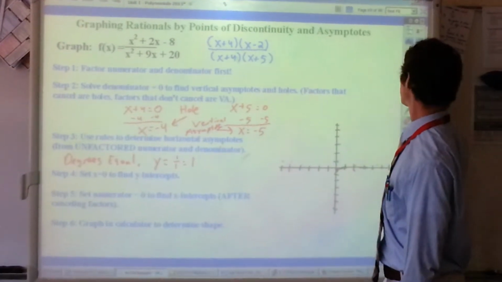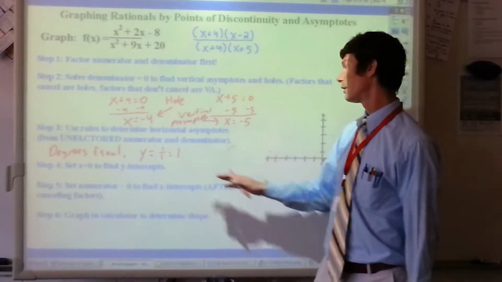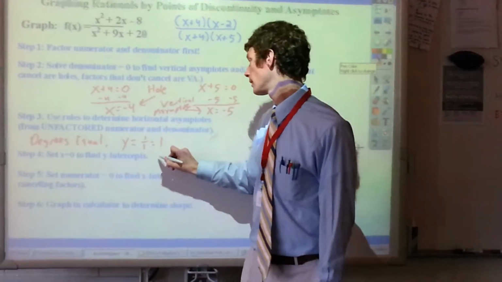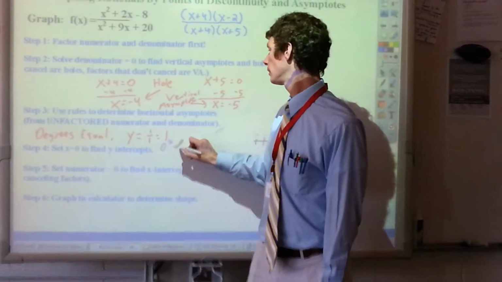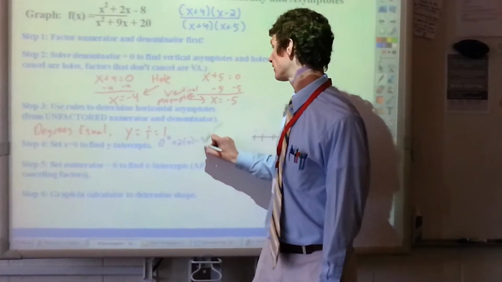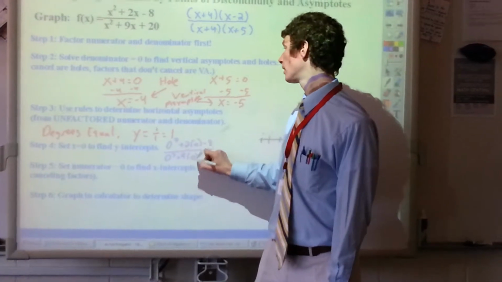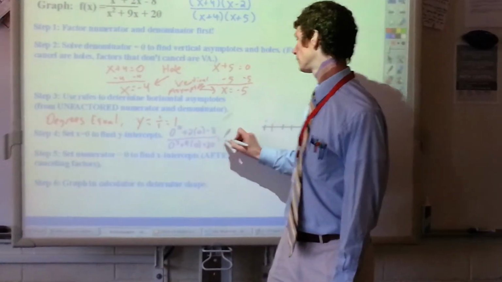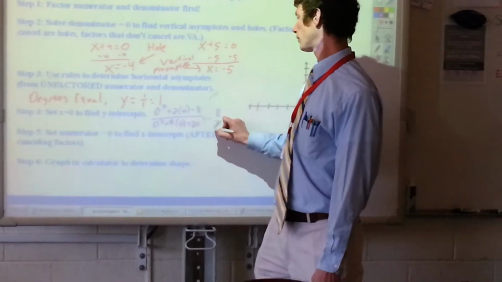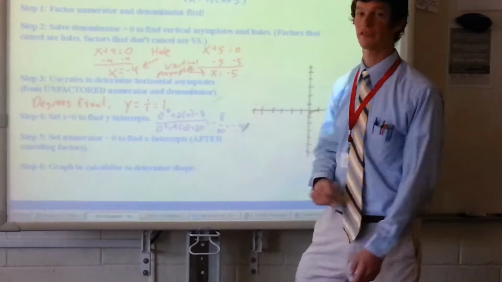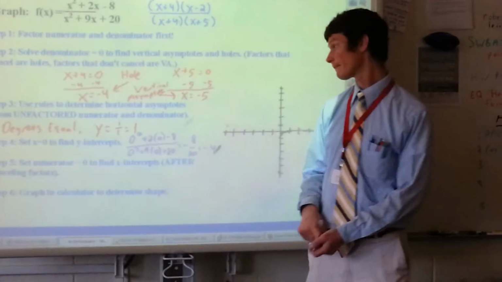Step 4 is set x equal to 0 to find the y-intercepts. So for that, just make all of our x's in our original function 0. 0 squared plus 2 times 0 minus 8 over 0 squared plus 9 times 0 plus 20. Negative 8 over 20, and we're going to write it as a decimal, negative 0.4, because that'll make it easier for us to graph.